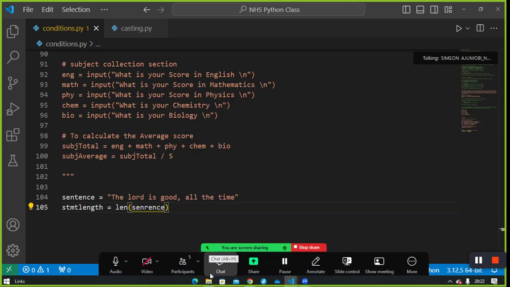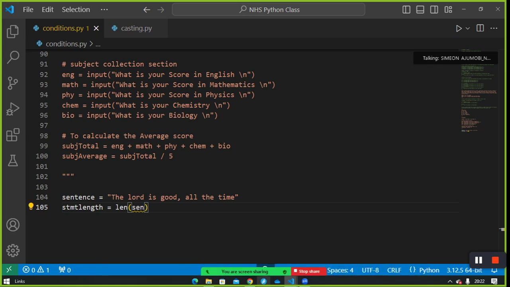Do you know why I'm doing this? The reason why I'm doing this is to be able to tell you that some people might do a course beyond all these 5. It might be 10 courses, 15 courses. Automatically, Python will know how many courses the student took and divide it by the subject total. That's the reason why I'm showing you this.